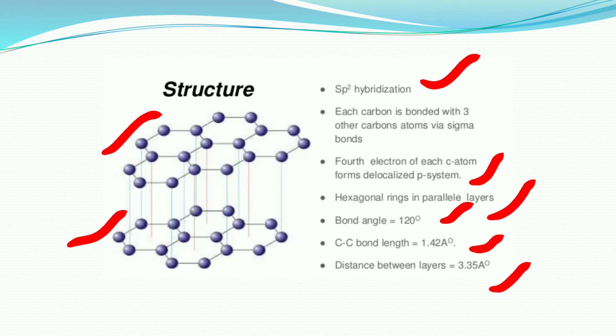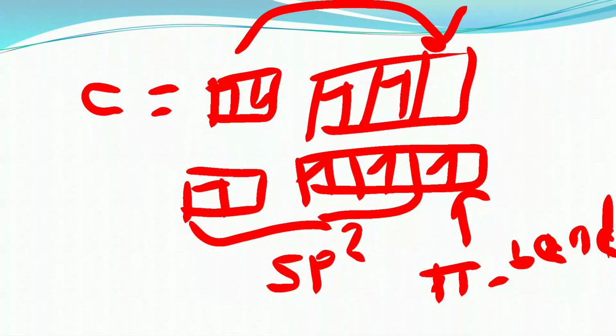And that's why this one carbon is bonded with three other carbons. That's why they have sp2 hybridization. This one carbon is bonded with 1, 2, and 3 carbons, that's why it has sp2 hybridization.